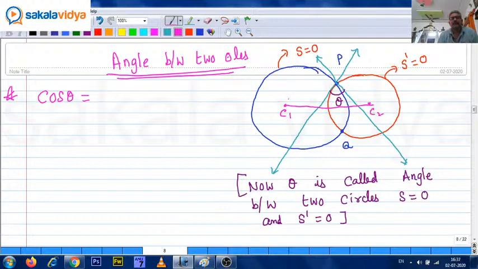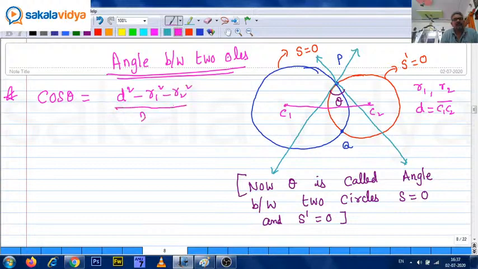Radius of the first circle R1, radius of the second circle R2. Now D is equal to C1C2. Now cos theta is given by D square minus R1 square minus R2 square upon 2 R1 R2. This is the formula to find out the angle between the two circles.